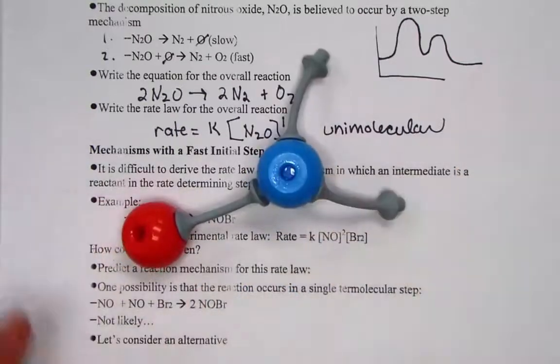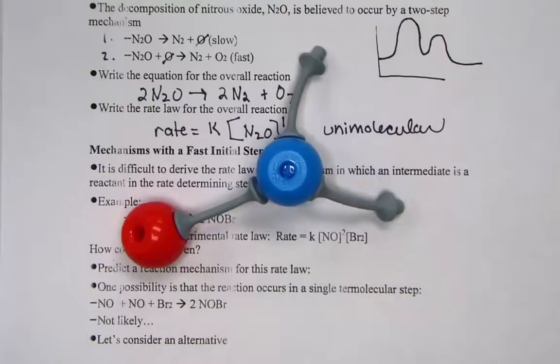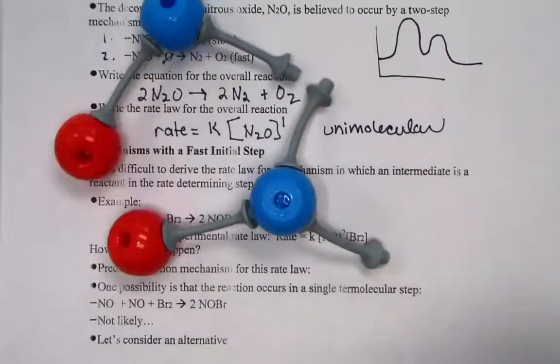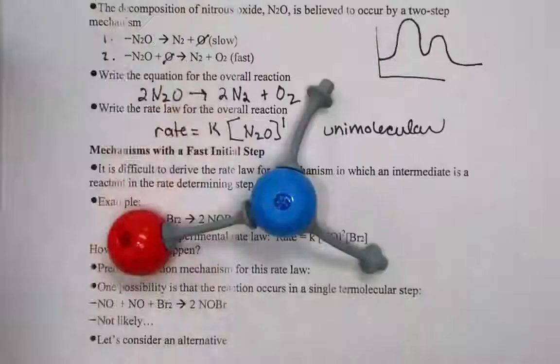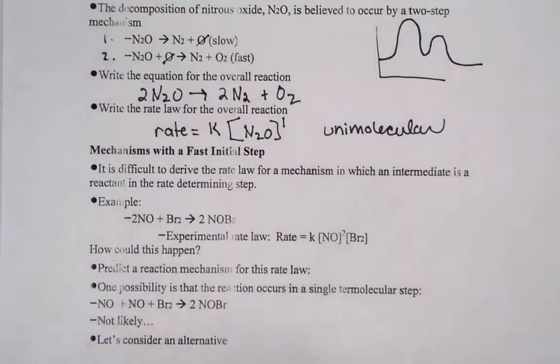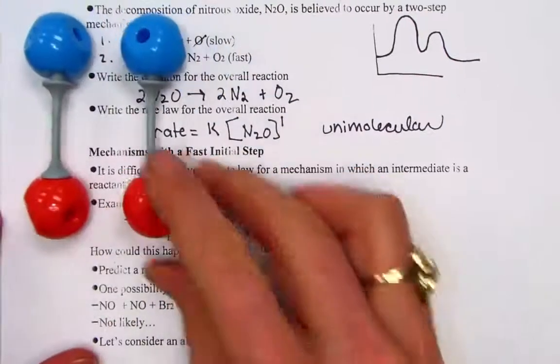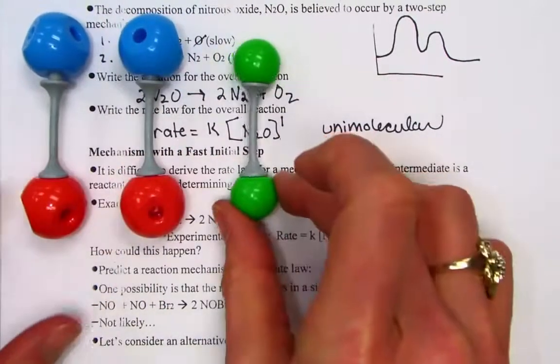Perhaps this could be an NO, and this could be another molecule of NO, and then here would be the molecule of Br2. I don't really need all these extra bonds. Alrighty, so 2 molecules of NO and a molecule of Br2.